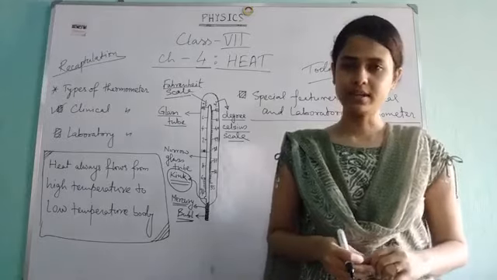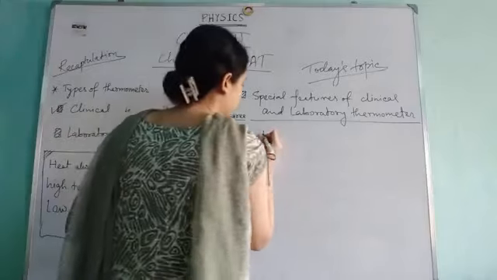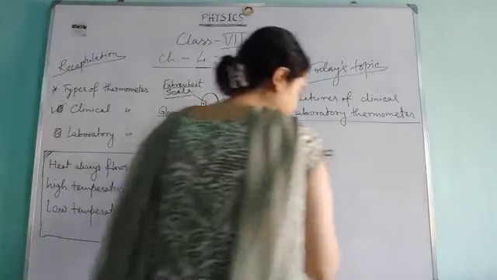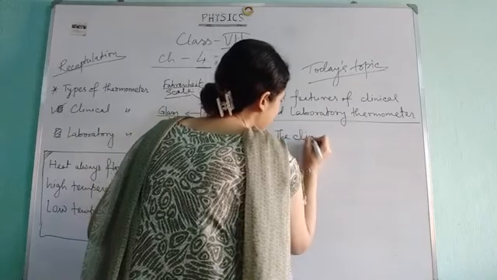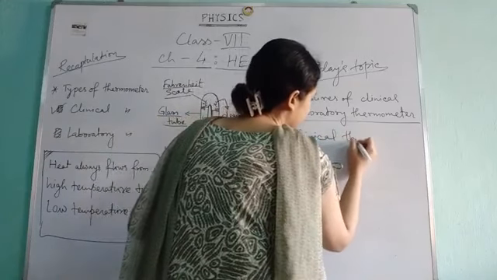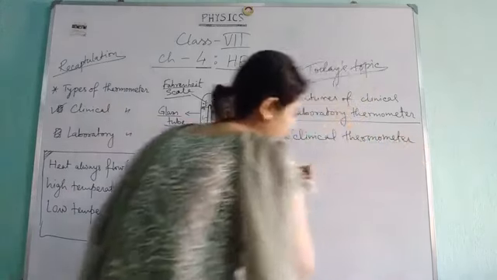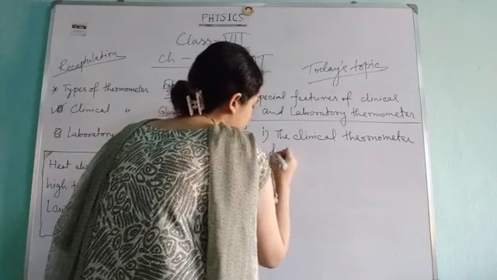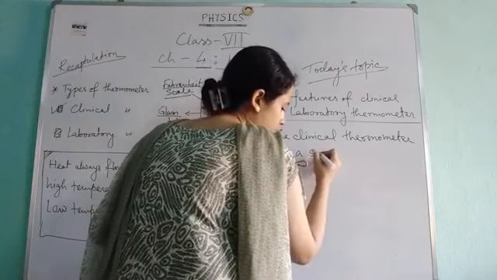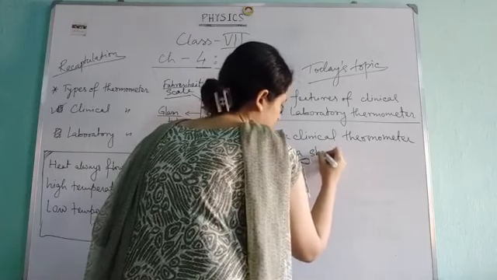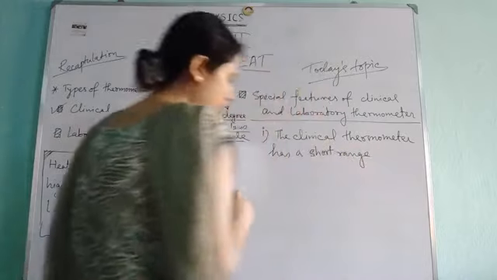So it is not required for the human body to measure temperature above 42 degrees Celsius or below 35 degrees Celsius. So the first point we can write is: the clinical thermometer has a short range.